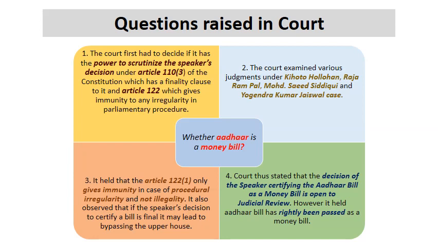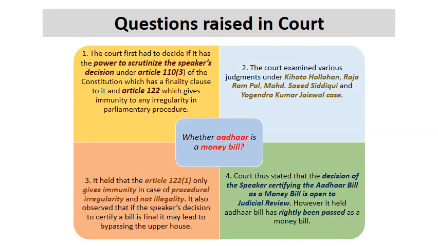Okay, after establishing that it has the power of judicial review in this regard, the court went on to examine if the Aadhaar bill was a money bill or not. The court held that Section 7, which deals with the expenditure arising out of the Consolidated Fund, is the heart and soul of the Act.